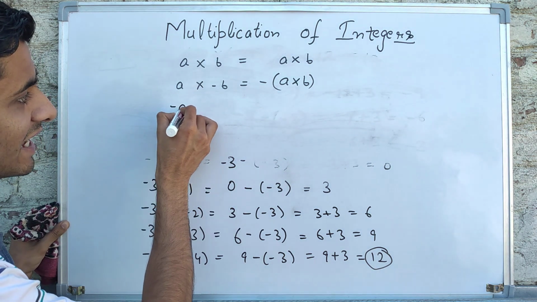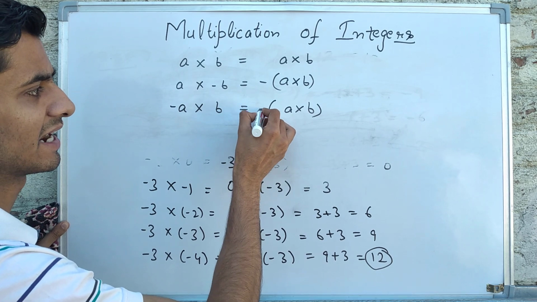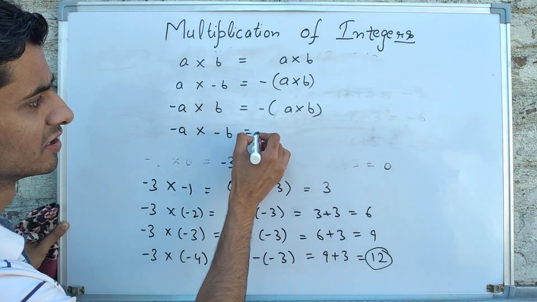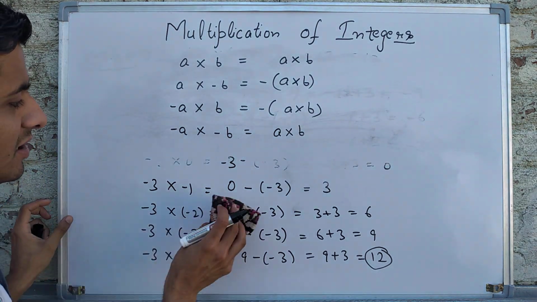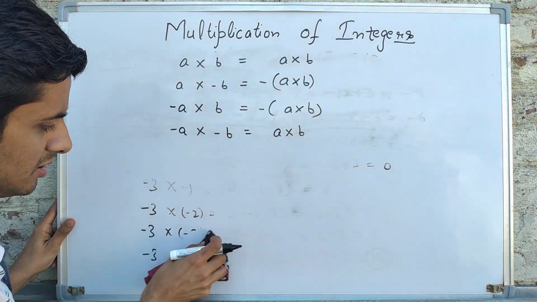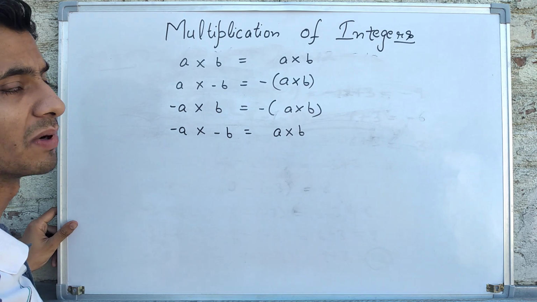If you have negative a into b, you multiply a and b and add a negative sign. And if you have both the numbers negative, you just multiply a and b, and this is your answer. This is something you must learn, or must be clear with, to do the questions related to multiplication.